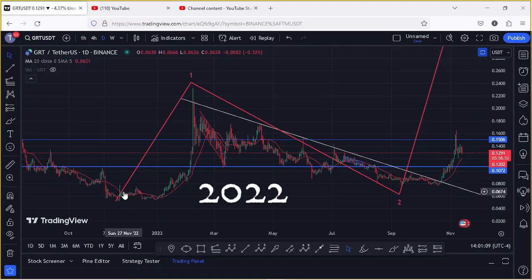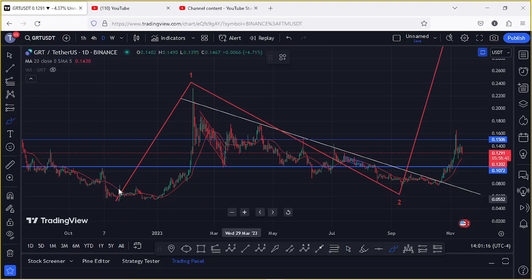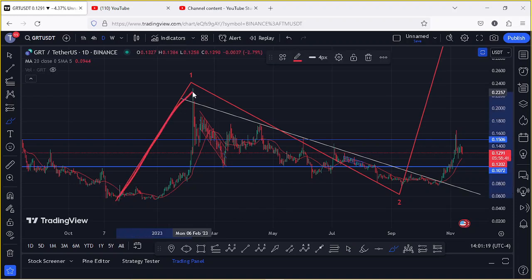As you can see, back in 2020, GRT gave us a low at around the $0.054 mark before we peaked to the upper side in a wave 1, giving us a high above the $0.23 mark.